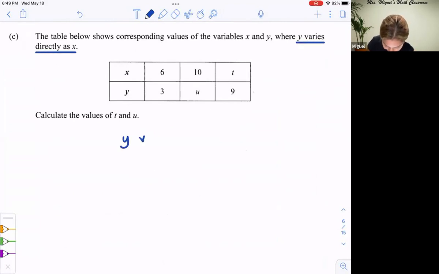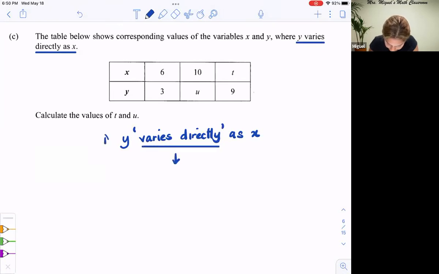Y varies directly as X. I want you to replace this with the symbol. And I want you to replace the symbol with the equal sign. Go ahead.